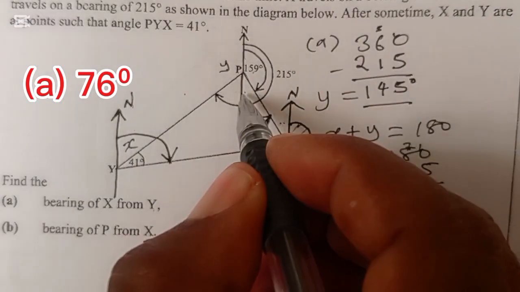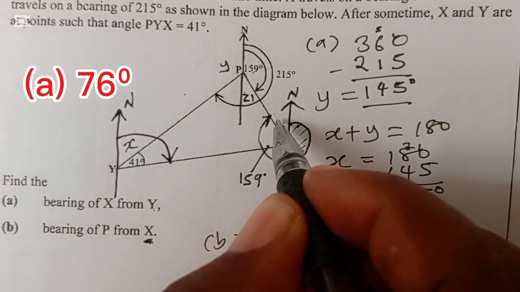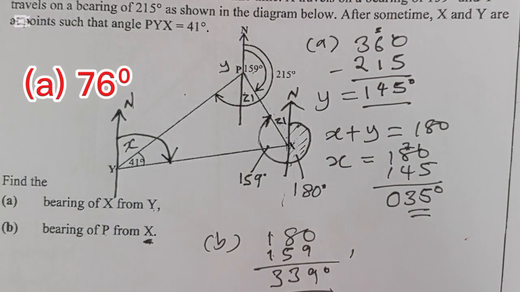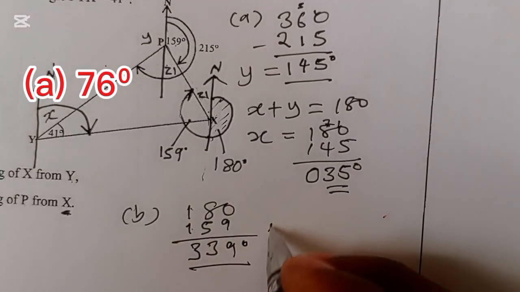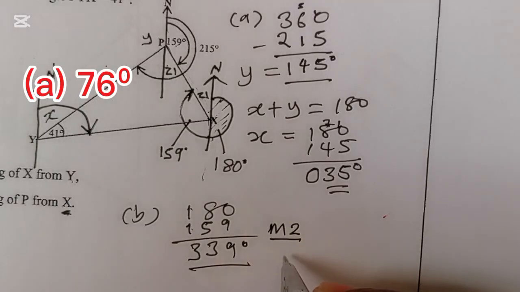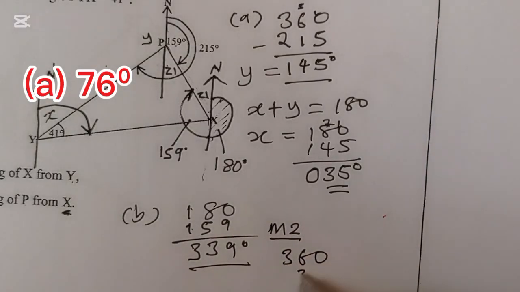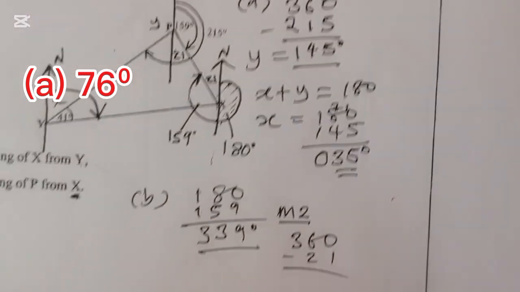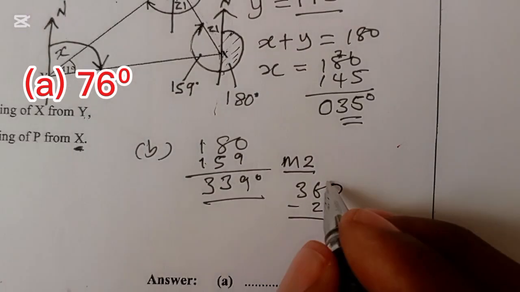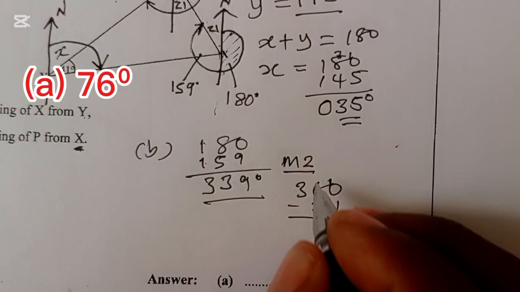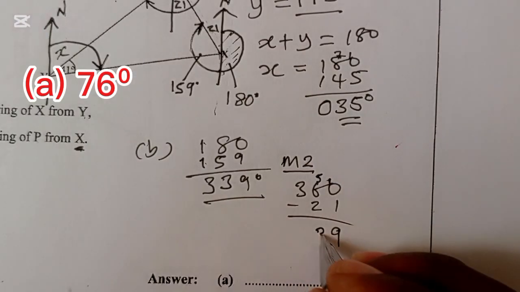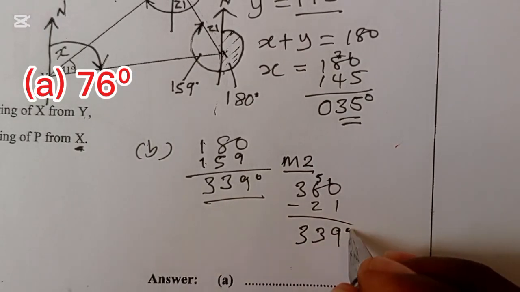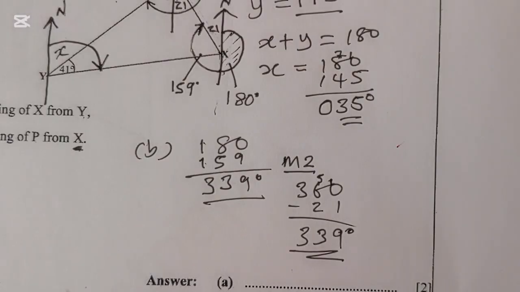So this is 21 and this is 21. So you can say method 2, 360 minus 21. So this is 10, we have 9, this is 5, we have 3, and we have 3. So this is another method that we have.